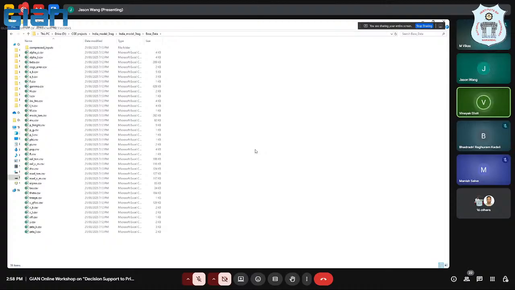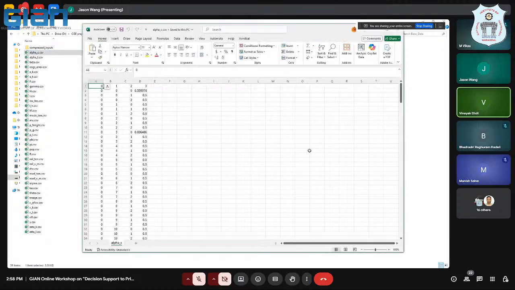Alpha underscore C was for consumption, and alpha underscore T was for leisure. So can we open up alpha underscore C and go through the first row?